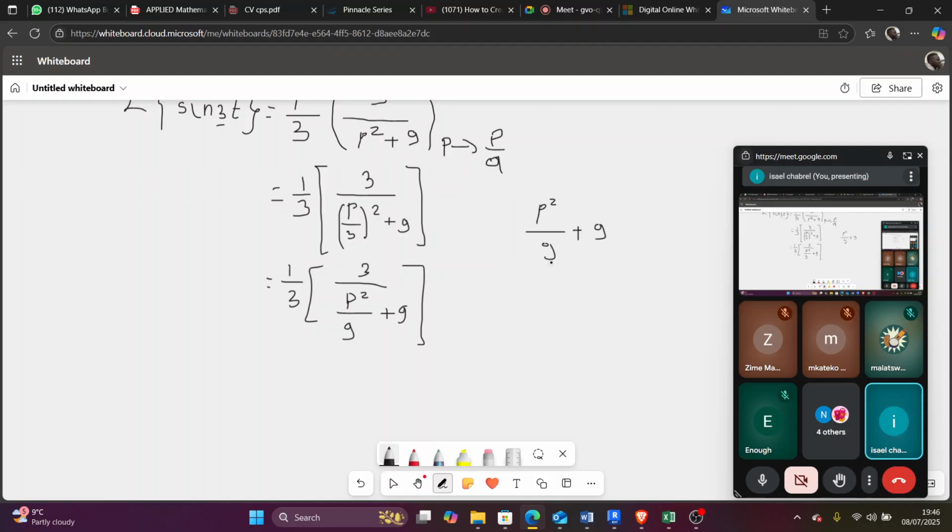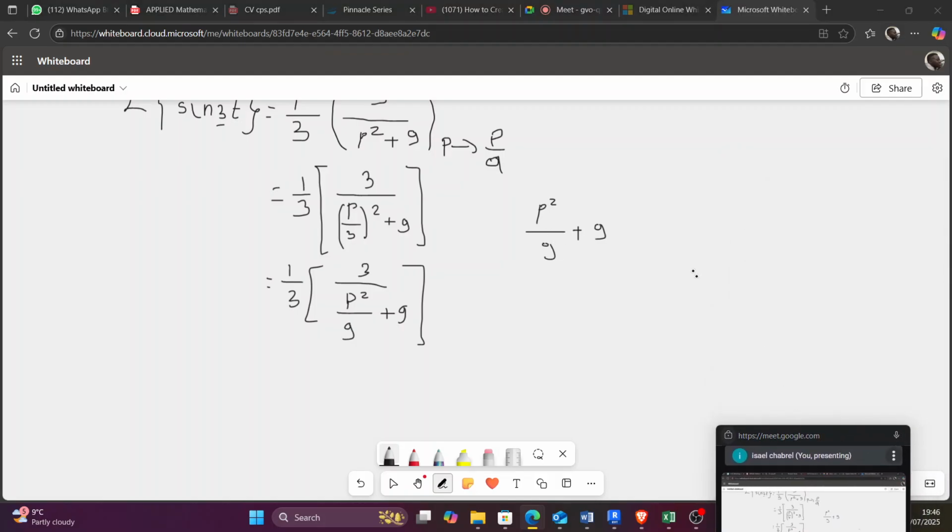Okay, we can take common denominator here to be 9. Let's do it old school. Now we have p square plus 9 times 9 is 81. Over 9. This is what you have on the denominator here.